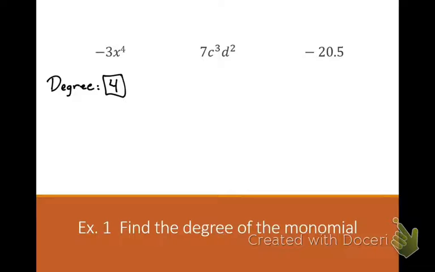All right, now look at the next term. Do you see that there are 2 exponent values within that one term? So when that happens, the degree will now be 3 plus 2, which equals 5. I'm simply adding my exponent values together to find the degree of the term.